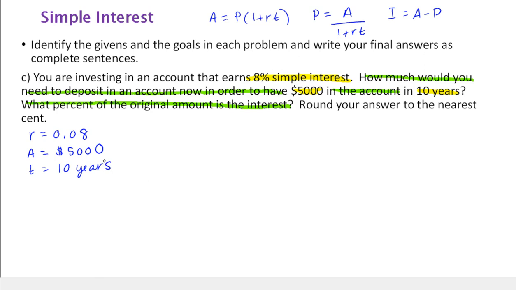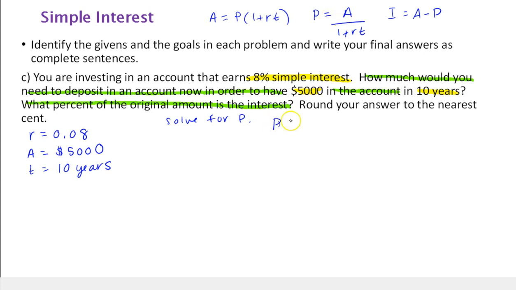Now, since we're solving for the principal in this case, that's our goal. Okay, we'll use this formula here. And this just rearranges our simple interest formula by solving for P. We can divide both sides by 1 plus RT to solve for P, and we get this result.